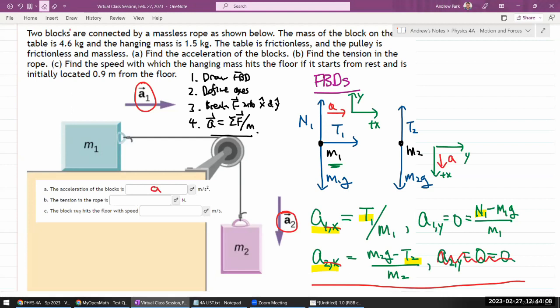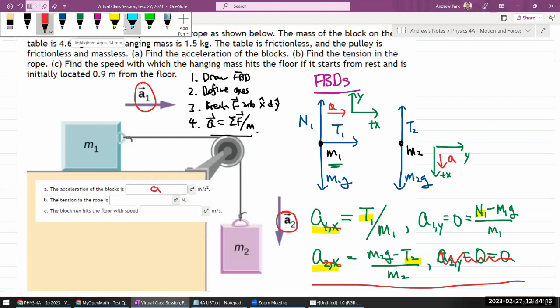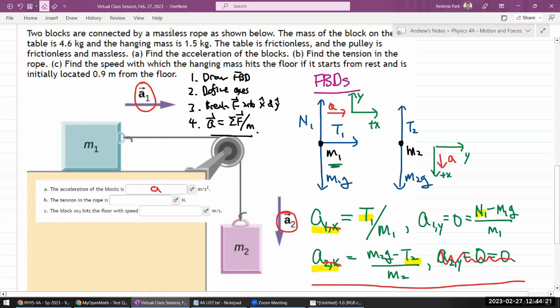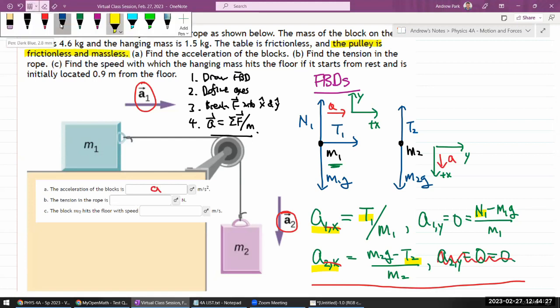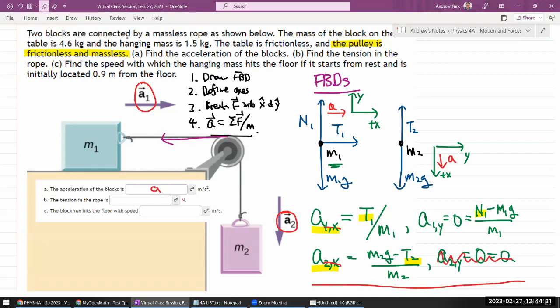And I have the two unknowns T1 and T2. This is where some of the things that they say is significant. We haven't quite covered enough physics to highlight why they are significant, but where they say the pulley is frictionless and massless, for now you can think of it as an authorization for you to treat the tension on this side of the string and the tension on this side of the string as being equal to each other.